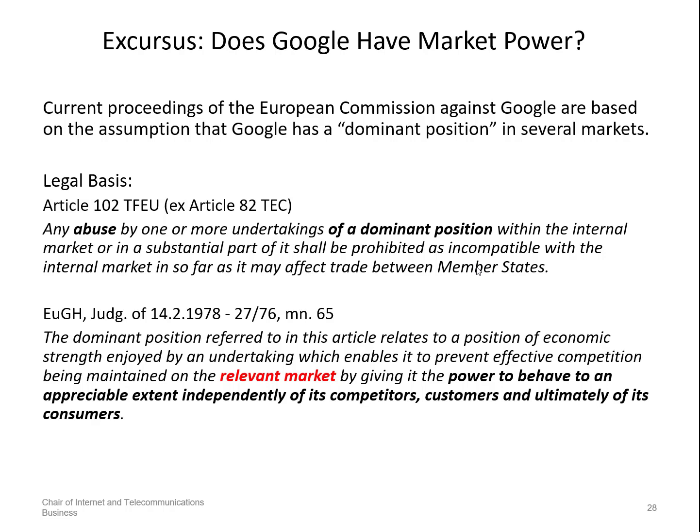Similarly, a judgment by the European Court of Justice said that the dominant position referred to in this article refers to a position of economic strength enjoyed by an undertaking which enables it to prevent effective competition being maintained on the relevant market by giving it the power to behave to an appreciable extent independently of its competitors, customers, and ultimately of its consumers.